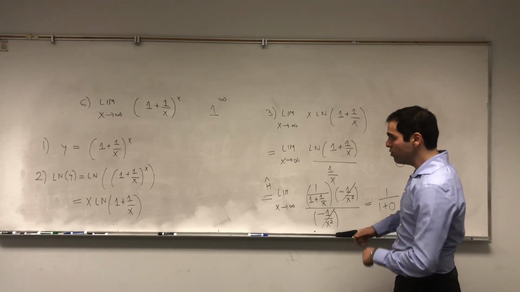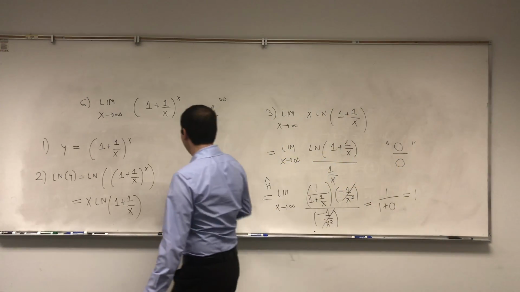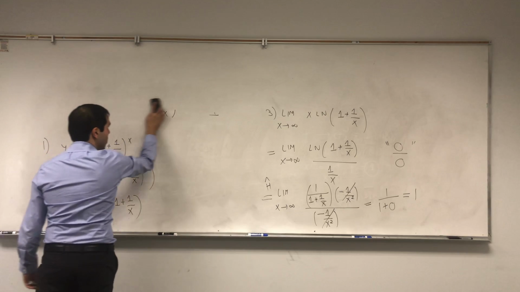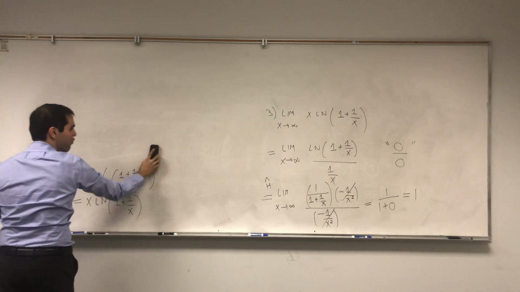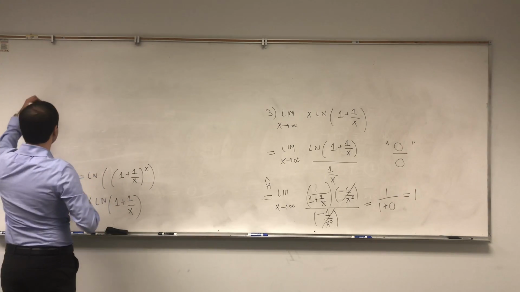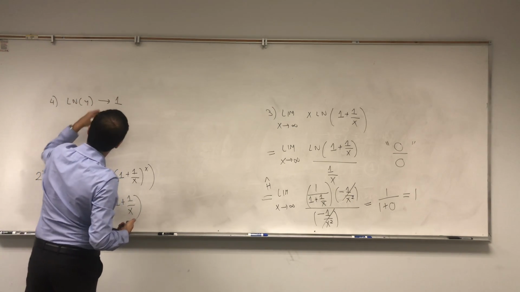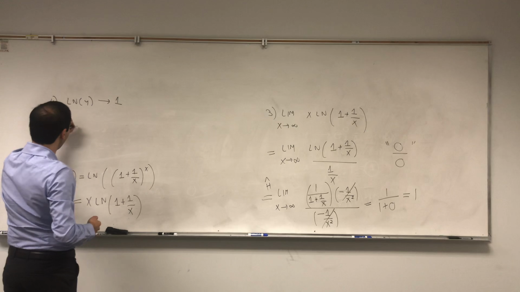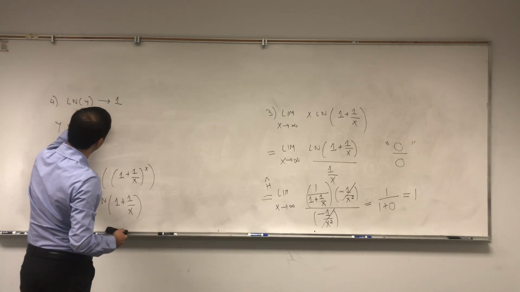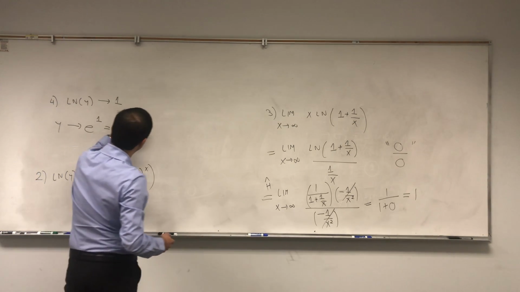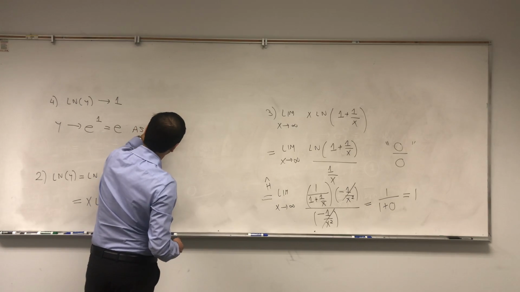But just beware, the final answer is not 1. What we get is ln of y goes to 1. And therefore, y goes to e to the 1, which is e, as x goes to infinity.